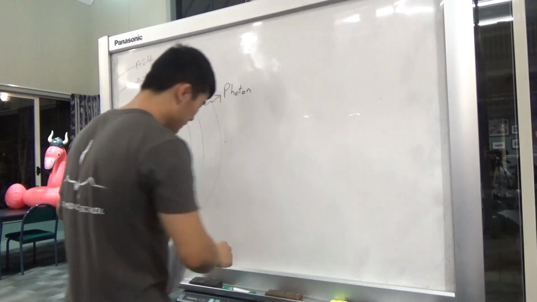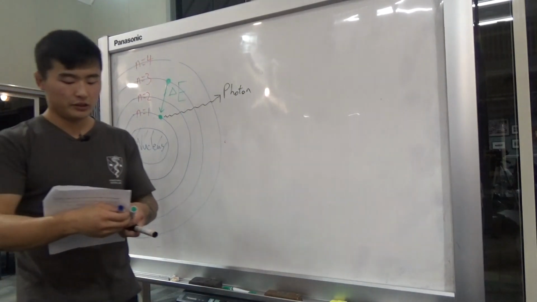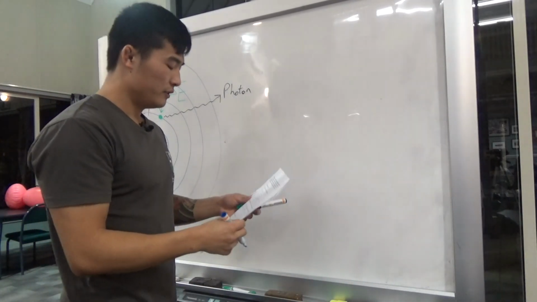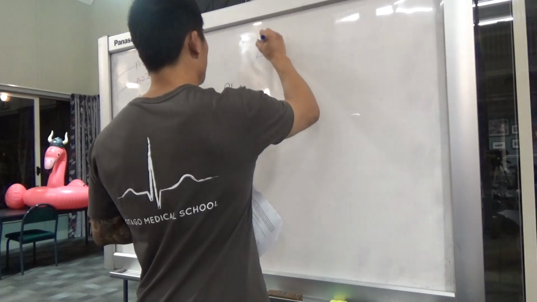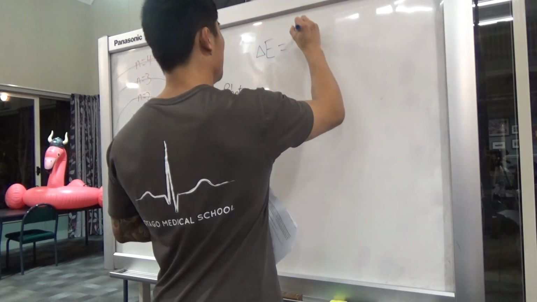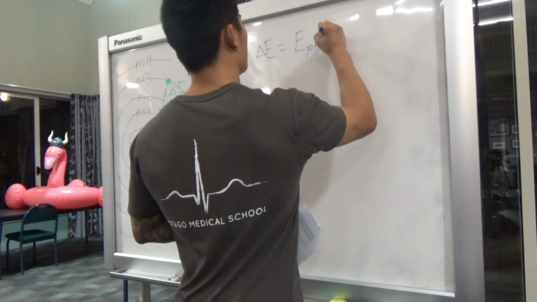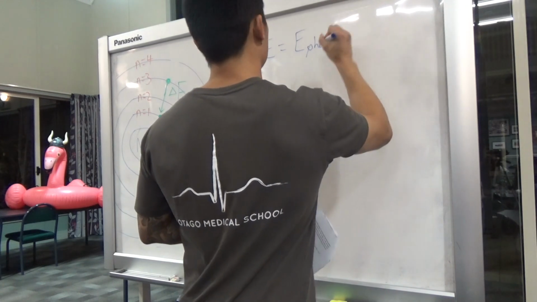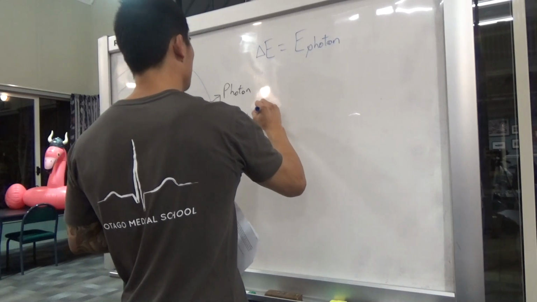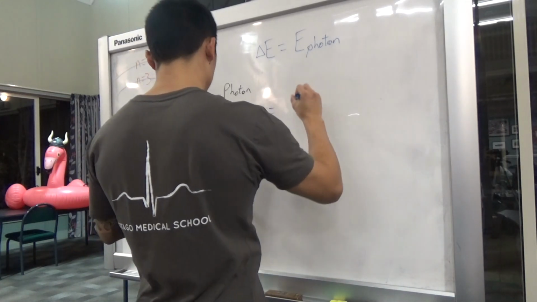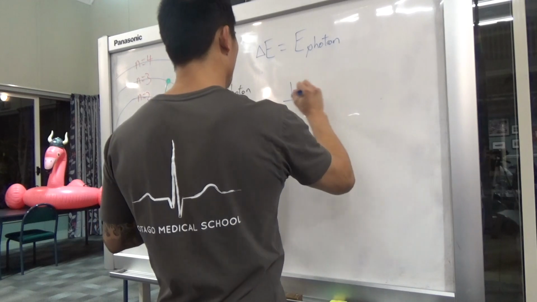I'll show you both ways. First we're going to use the wavelength to calculate that energy. So the change in energy is equal to the energy of the photon. Okay. And the energy of the photon is equal to hc over the wavelength.